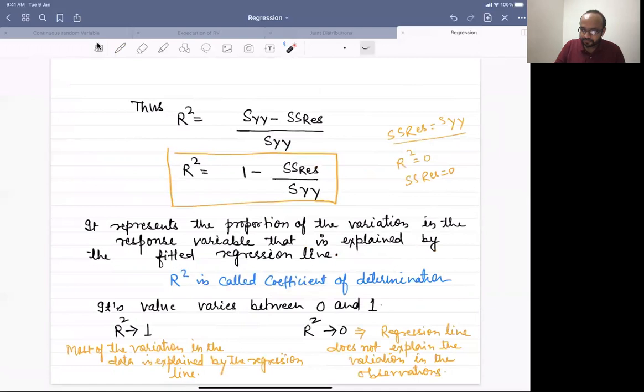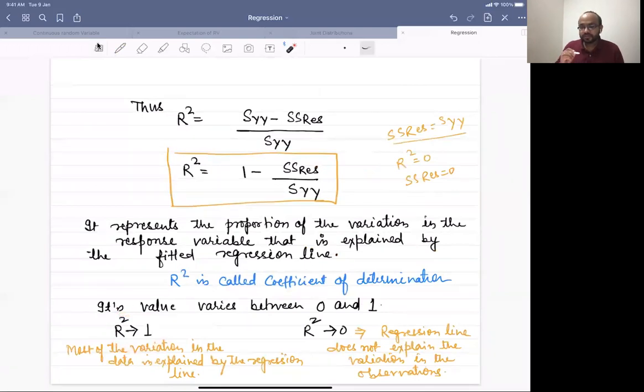So you can see that R square will never be exactly 1, but if it goes close to 1, that means most of the variation is explained by our fitted regression line. That means our fitted regression line is a good fitted line.